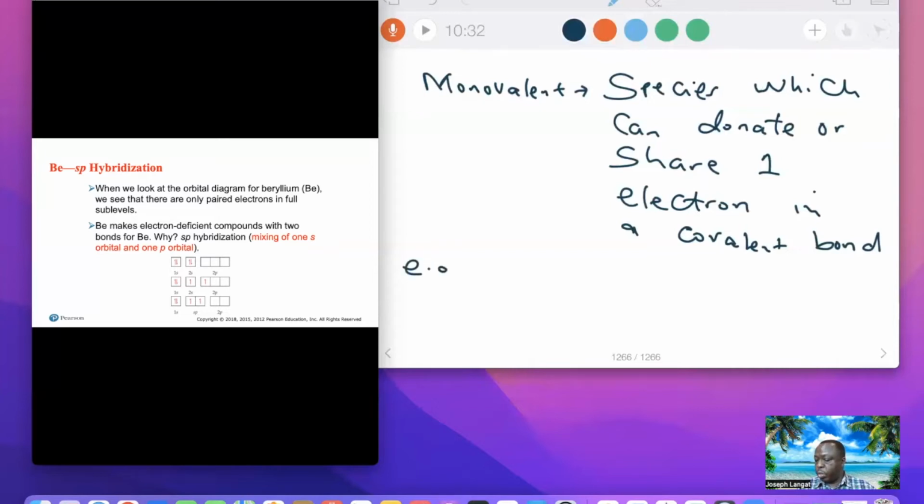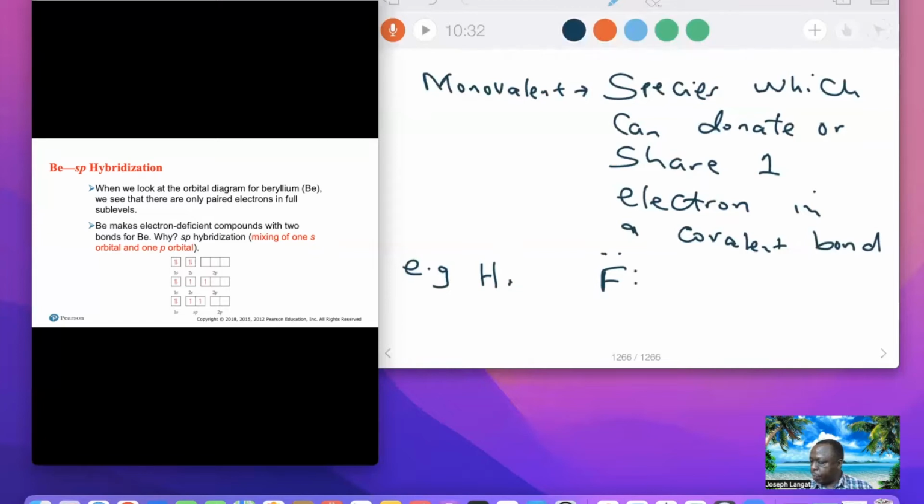For example, hydrogen is monovalent. It has one electron. Fluorine, anything in group 7, and remember, we are looking at molecules, and these are non-metals, so this is also monovalent.